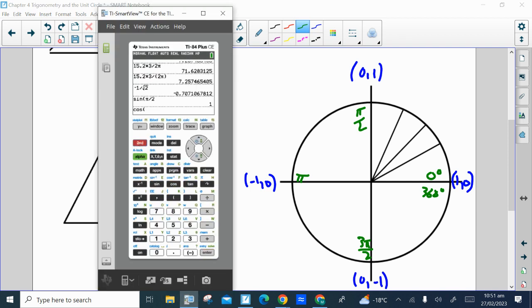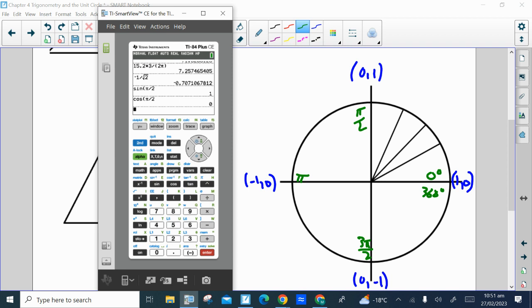And again, I'm using pi on 2 because I'm in radian mode. We get an answer of 0, which is the x value at pi on 2. So the 0 is the cosine of this angle. The 1 is the sine of that angle.